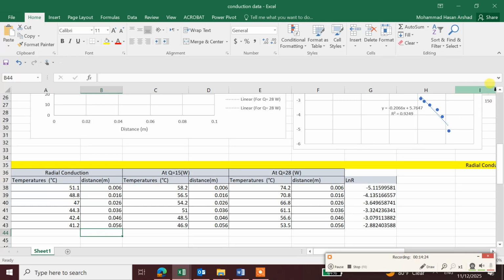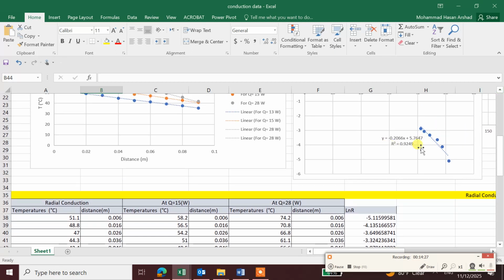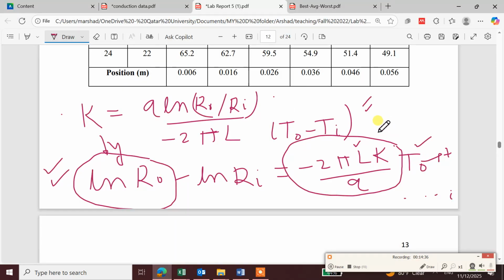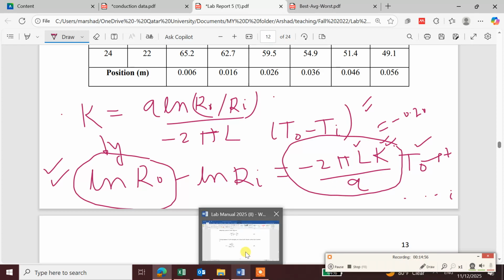You can see the slope is minus 0.2066. So this slope you can find. For example, in this case, I have minus 0.20. Then thickness is given L, pi, Q, the K you can find. Okay. So this way, we are finding the K by different methods.